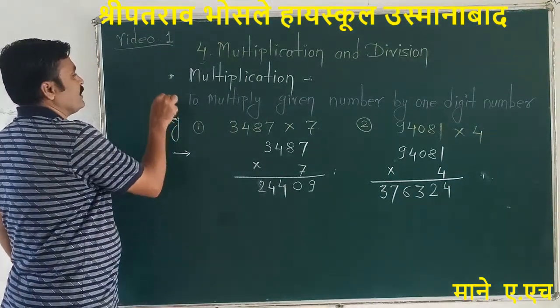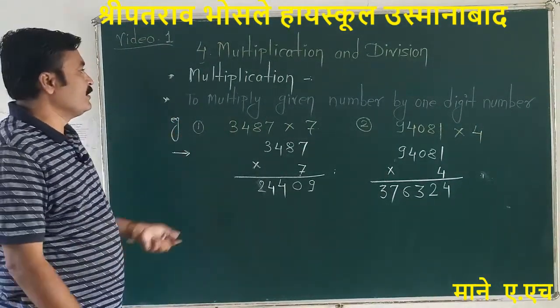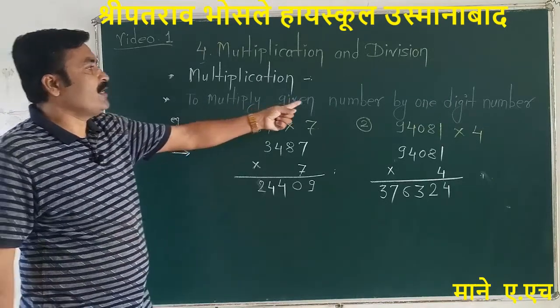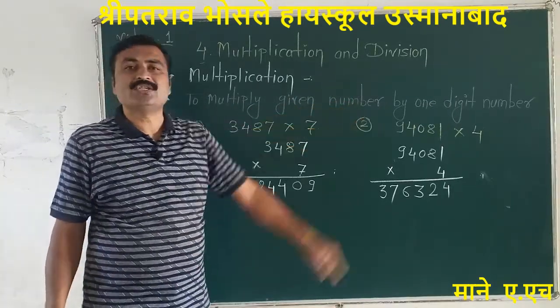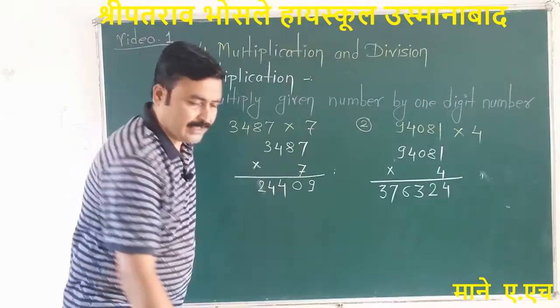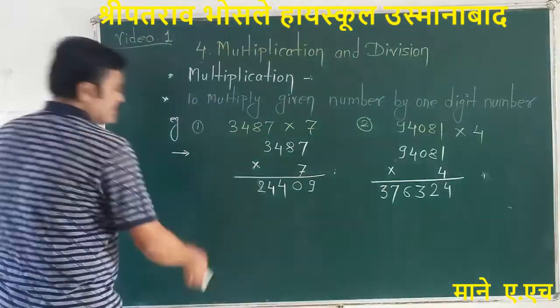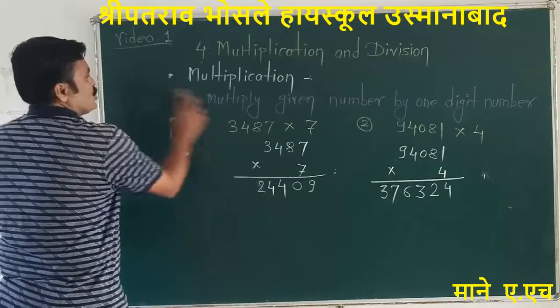These two examples follow the first condition that we learned in third standard, how to multiply a given number by a one-digit number. After that, we proceed towards the second part.